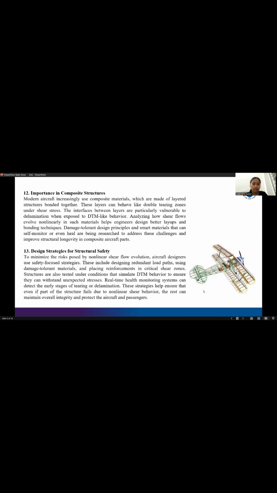Real-time health monitoring systems can detect the early stages of tearing or delamination. These strategies help ensure that even if a part of the structure fails due to nonlinear shear behavior, the rest can maintain overall integrity and protect the aircraft and passengers.